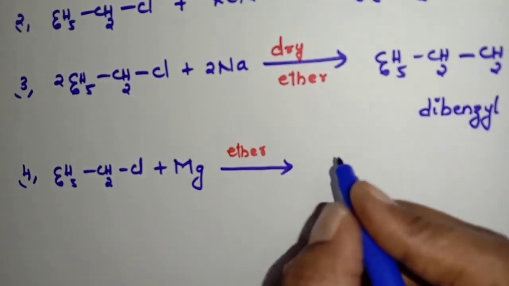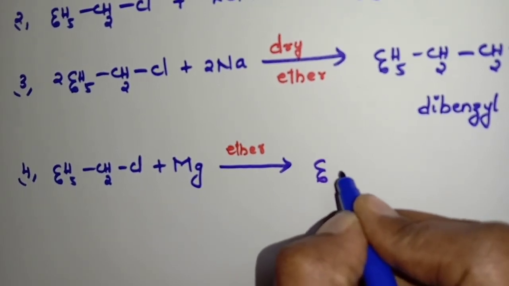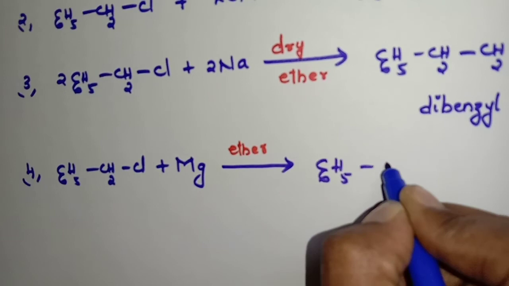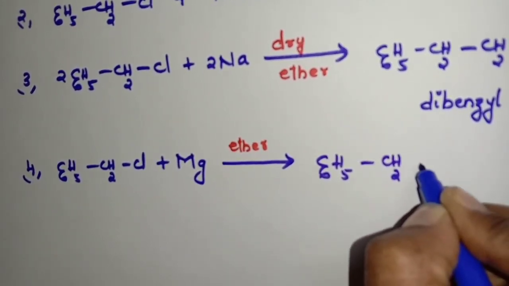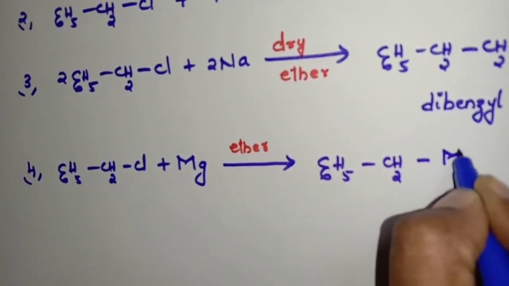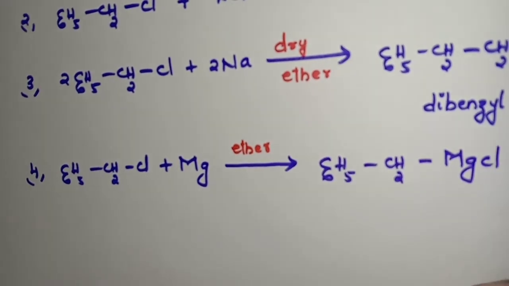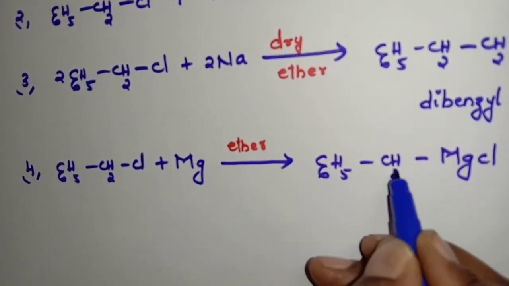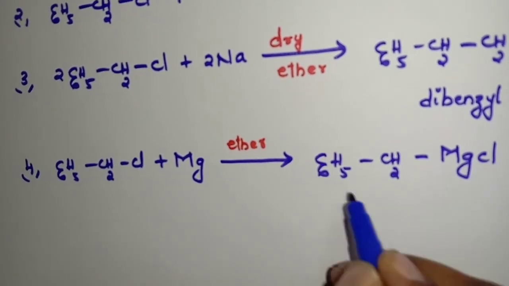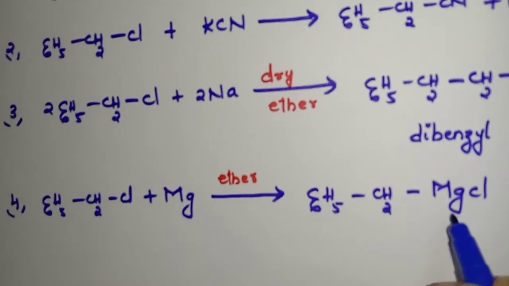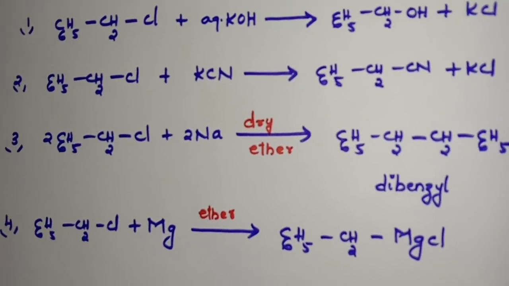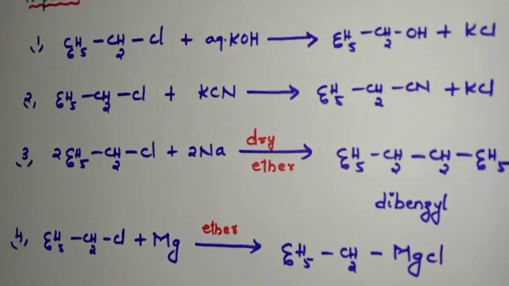Previously also we have learned we can prepare a Grignard reagent or organometallic compound, C6H5CH2MgCl. Okay, can you name it? This group you know now, benzyl group, right? Benzyl magnesium chloride. Okay, this is called as benzyl, students, magnesium chloride. Okay, so these are all the chemical properties of aralkyl halides.